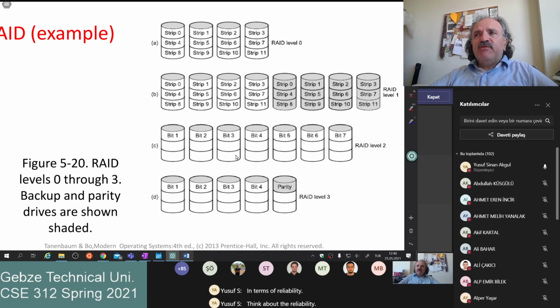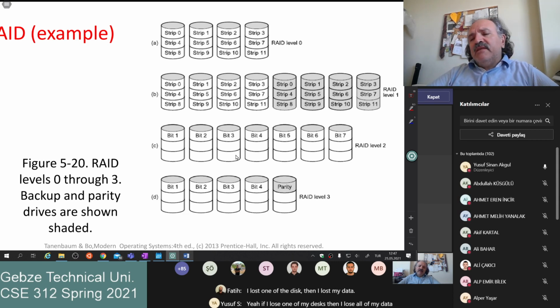This is 7 times faster, right? Why is it 7 times faster? Because I have 7 disks. What does that mean in terms of reliability? If I lose one of my disks, then I lose all of my data.